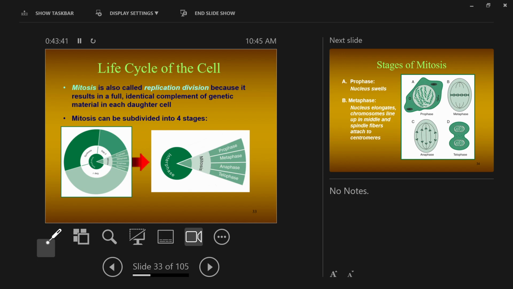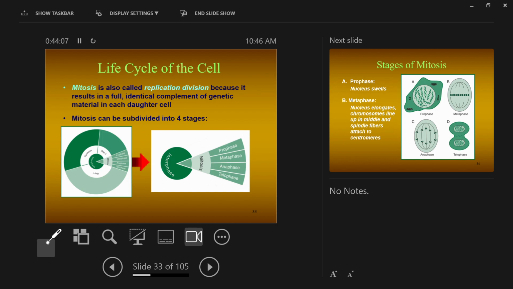These are two new cells. The original one's effectively gone. It's part of both of these. And so the single cell goes to two, and we call them daughter cells. The parent cell doesn't really exist on its own anymore. It is just part of each of the two new daughter cells. Okay, mitosis divides into 4 stages.